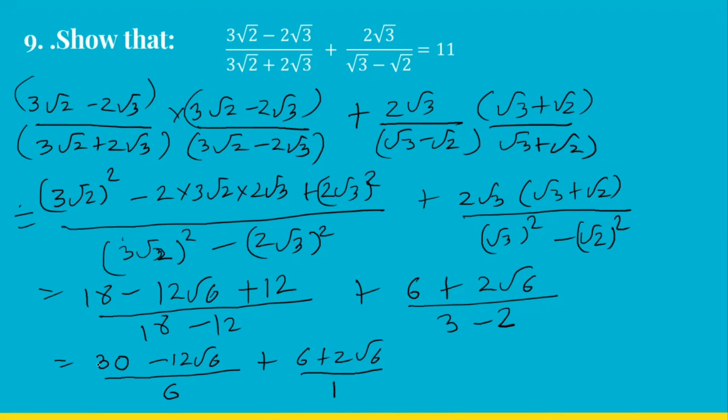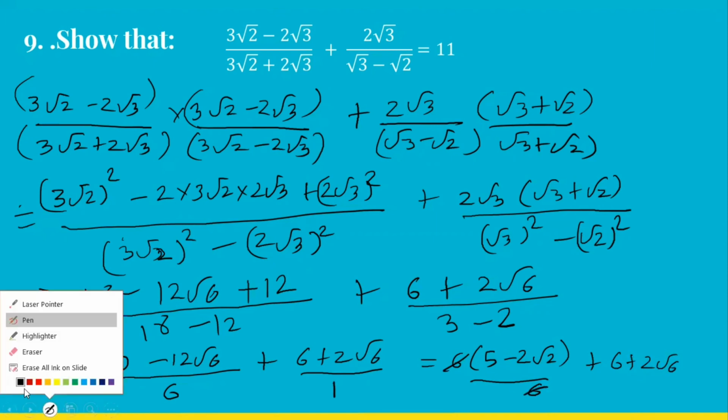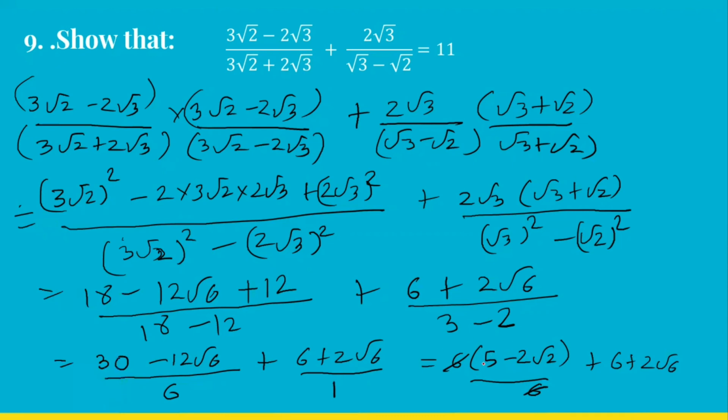If I take 6 common from this part, we are left with 6 5s are 30 minus 6 2s are 12 root 6, upon 6, plus 6 plus 2 root 6. Now this 6 and 6 got cancelled, and then you are left with 5 minus 2 root 6.